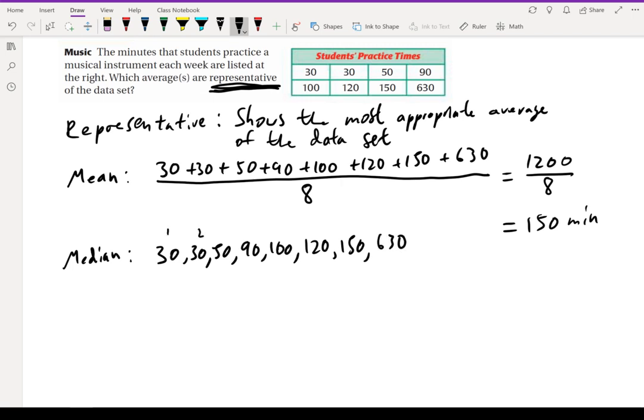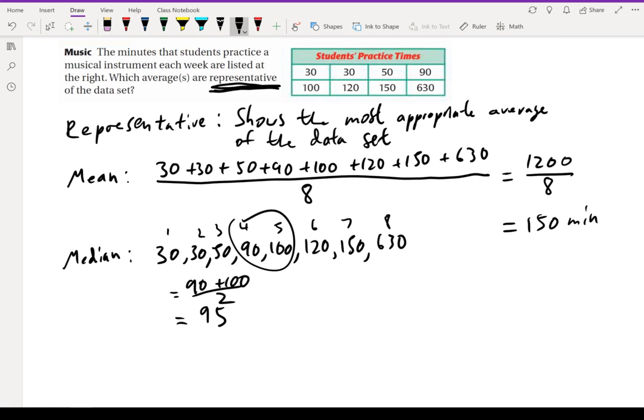So that's 1, 2, 3, 4, 5, 6, 7, 8. In our 8 numbers, the two middle numbers are 4 and 5. So it's going to be the mean of the two middle numbers, which is 90 plus 100 divided by 2, which is 95. So that's the median.